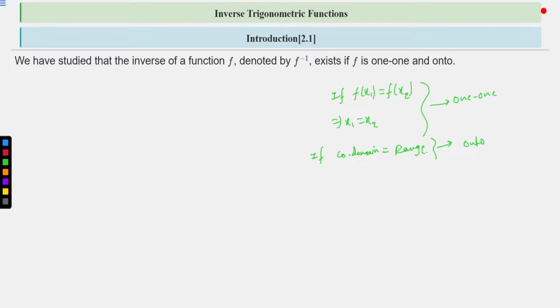So if the inverse of a function exists, then both the conditions should be satisfied, that the function should be 1-1 and onto both, that is, the function should be bijective, right?